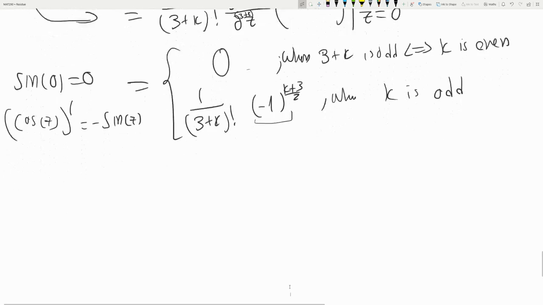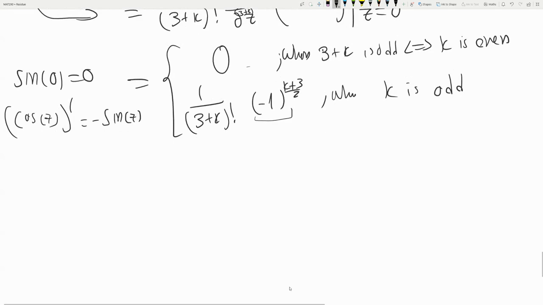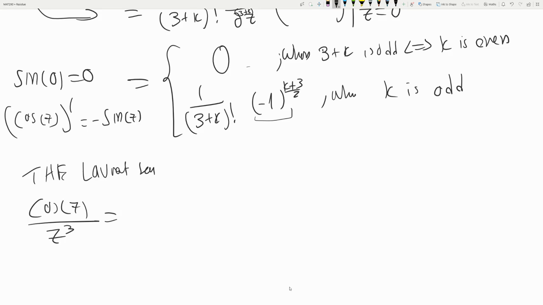All right, so we found our coefficient. Let me write down the series, the Laurent series. It is the following sum. K plus 3 has to be strictly positive, and K has to be, well, let's do one step at a time. Now, when K is even, you get 0.